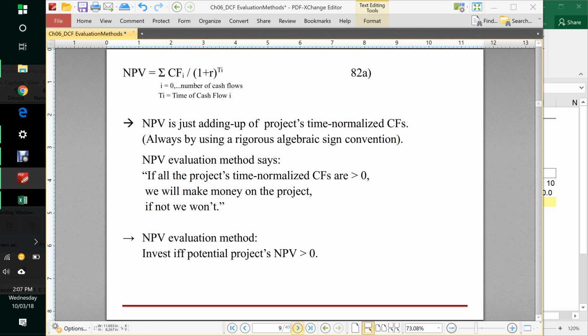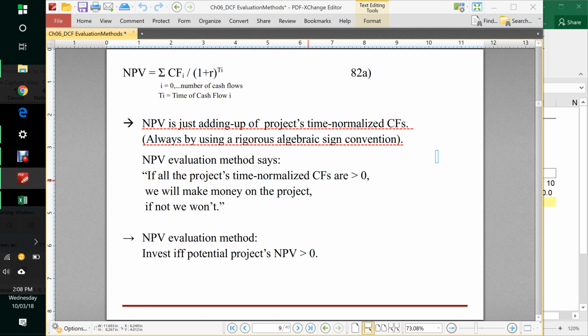Okay, so all the NPV is, it's just an adding up of a project's time normalized cash flows. Great thing about the NPV method, we've been waving our hands a little about sign conventions up until now. Once we step into the domain of the NPV method, we're always going to use a correct and proper algebraic sign convention, okay?